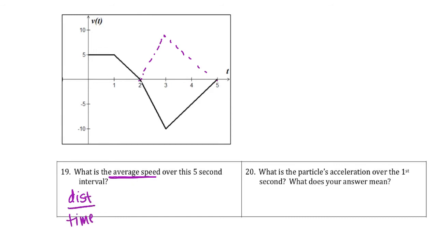So that's going to be a little different. Our total distance, well, that was positive here, and then over here we had positive. So our total distance was 22.5, and that's going to be divided by our time interval, which was 5. And so that's going to give us 4.5. That's going to be our average speed.